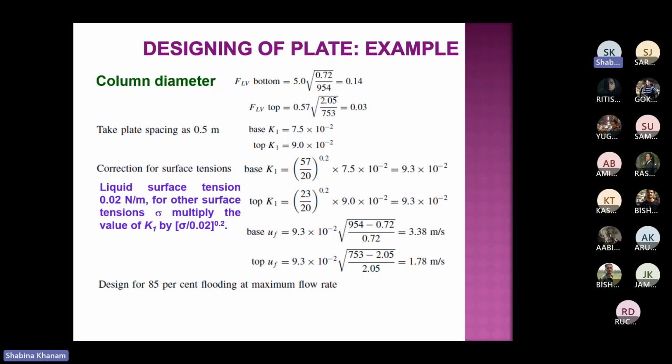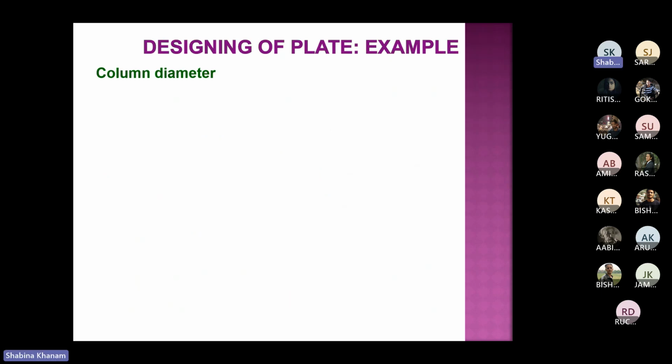However, the recommended value is 80 to 85%. So we will start with 85%. You can start with 80 also, doesn't matter. So 85% flooding at maximum flow rate. We need to consider 85% of this, 85% of this. In this way, you can find out the velocity of base as well as top.